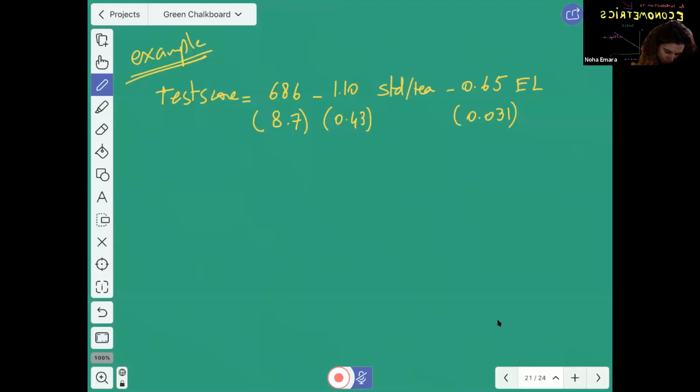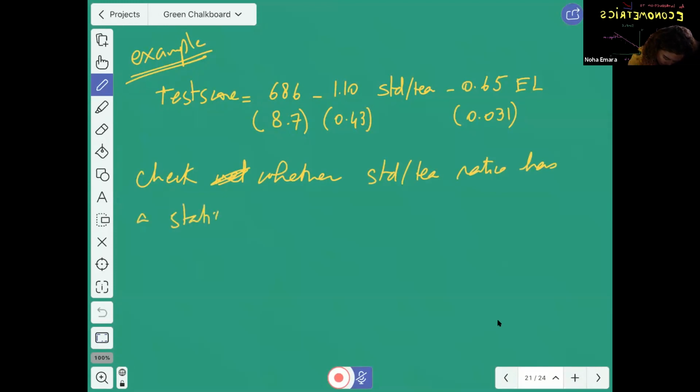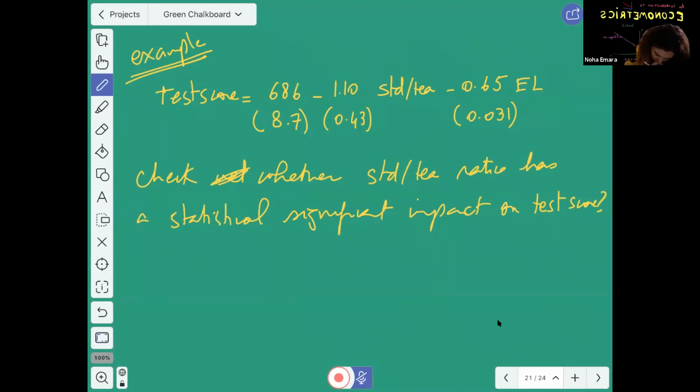What we want to test is whether the student-teacher ratio has a statistically significant impact on test score. This is our objective.